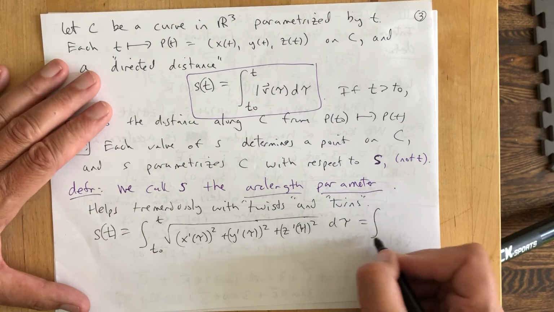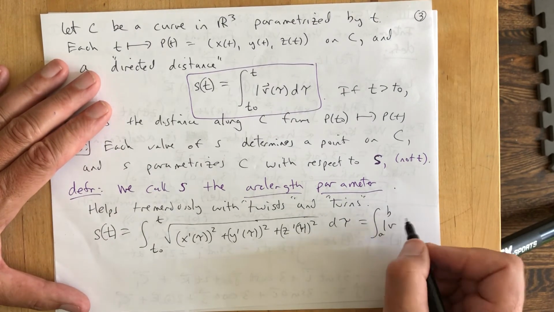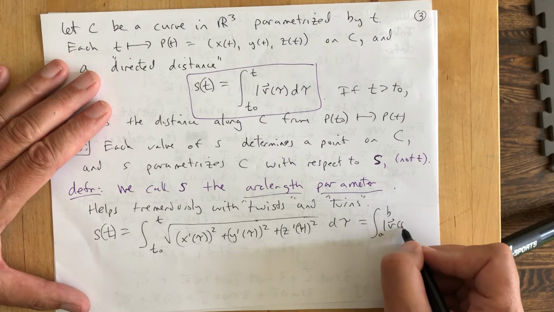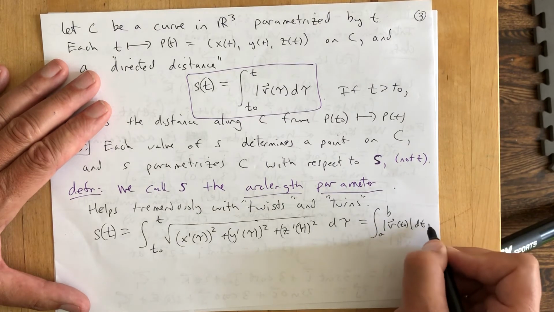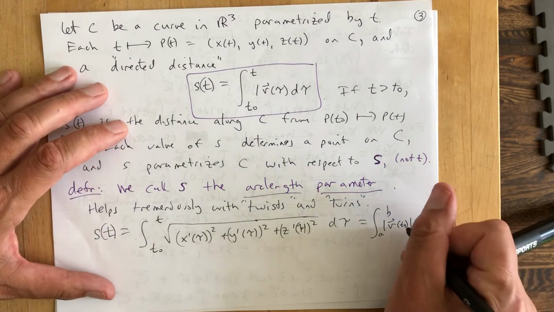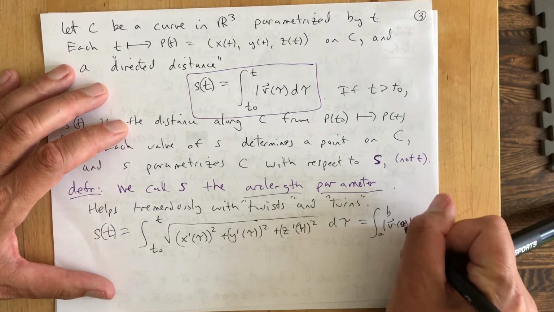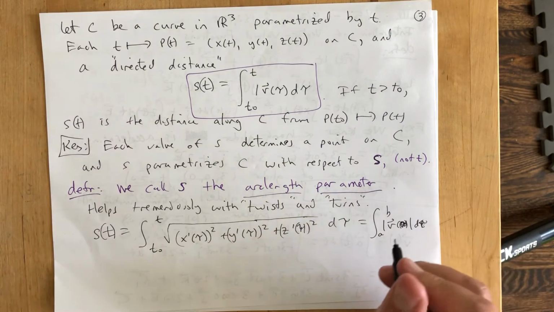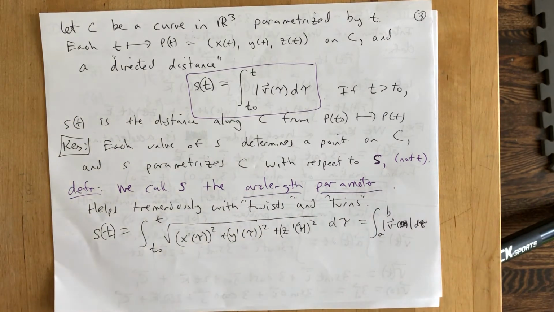And this equals the integral from a to b of the length of v of tau d tau. I'm doing pretty good on time.